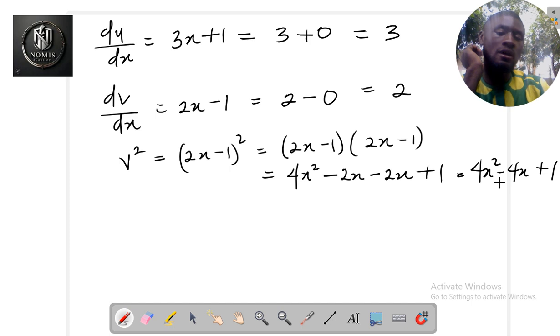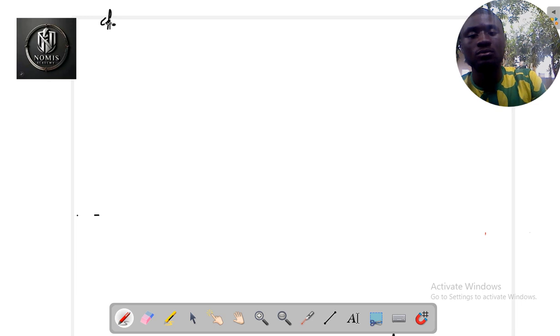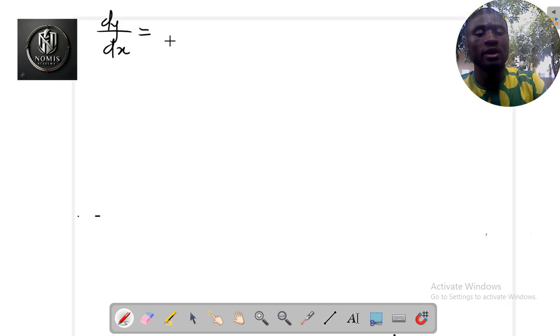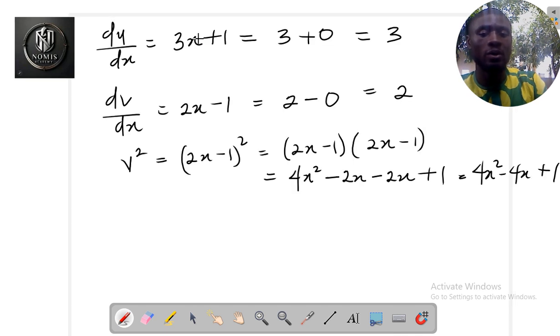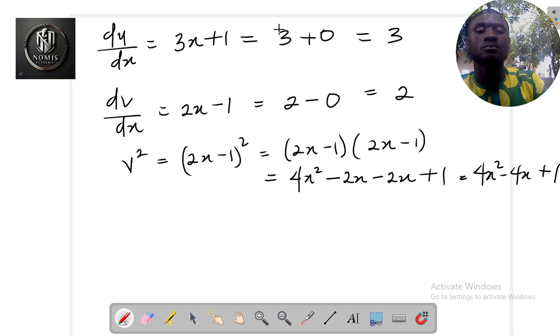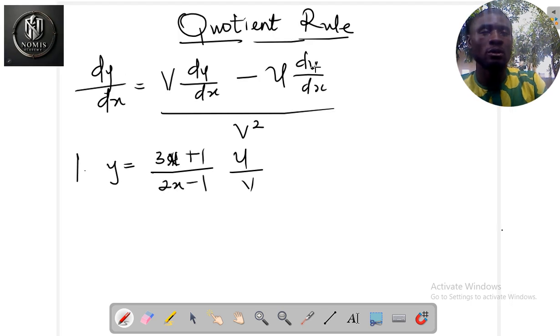So let us now combine them together to find our dy/dx. dy/dx is equal to, don't forget, v multiplied by du/dx. What's our v? v is 2x minus 1. So 2x minus 1 multiplied by du/dx, which is 3, minus u multiplied by dv/dx.